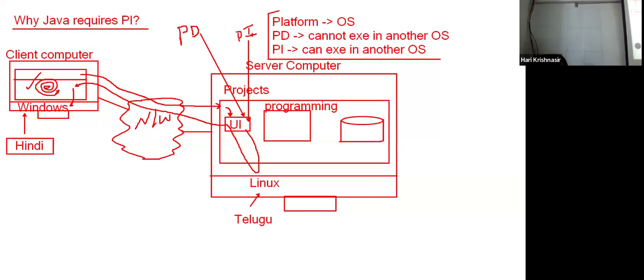Listen carefully. James Gosling and his team members went to a conference room to decide the name of the language. James Gosling was writing some names, randomly picking names A, B, C, D. Suddenly, one team member came late to the meeting with a chai cup, a coffee cup.